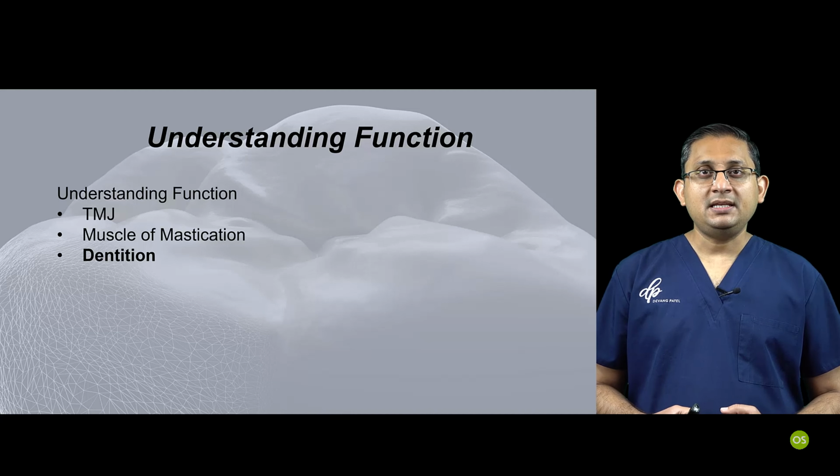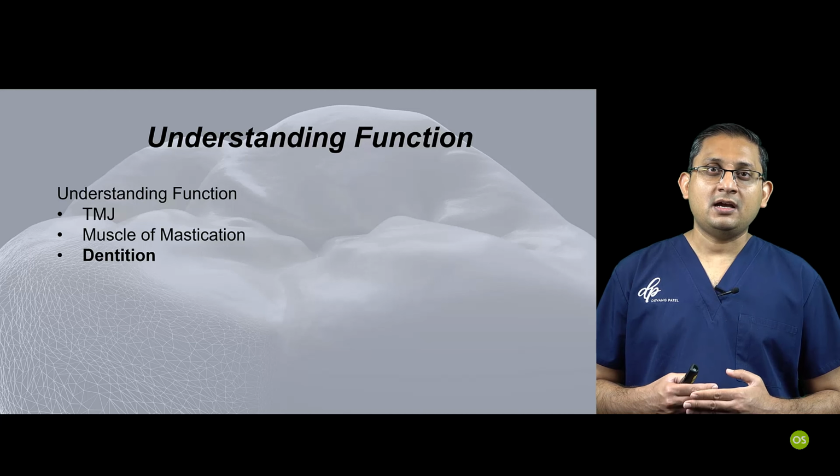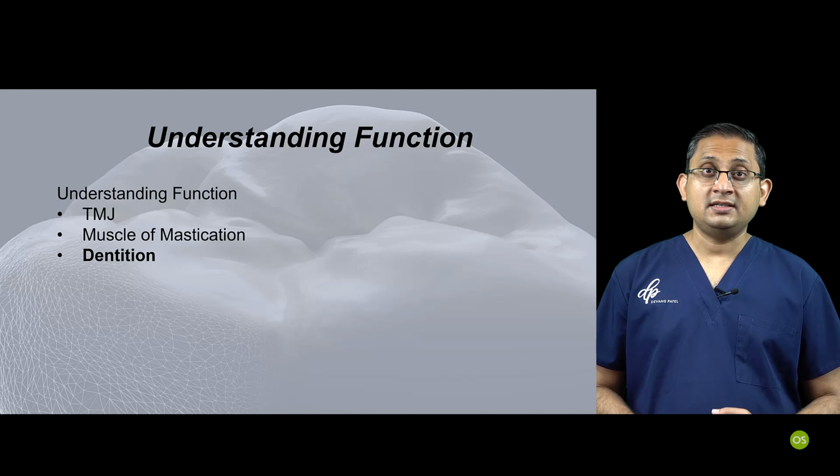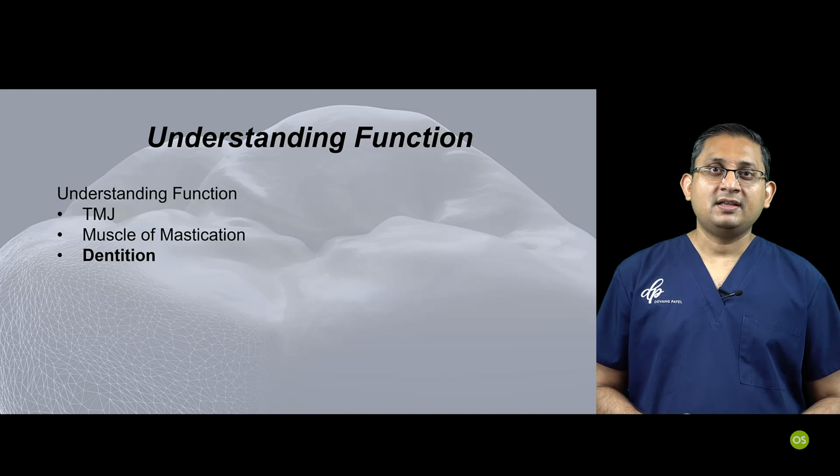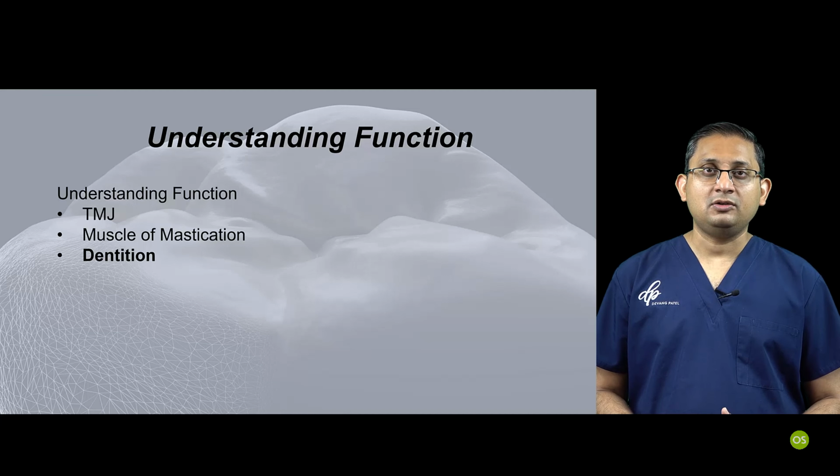However, that doesn't mean that if a patient has a malocclusion, the occlusion is the factor in their TMD, if they have a TMD, because there could be patients who have a malocclusion, but their joint is in a musculoskeletally stable position.